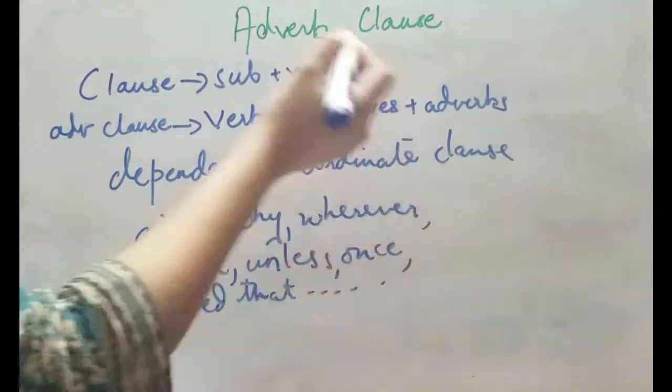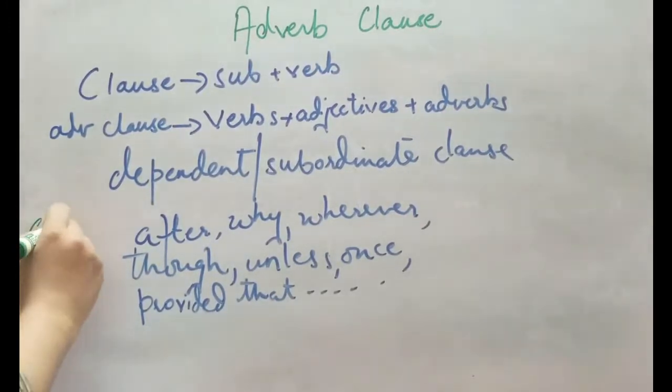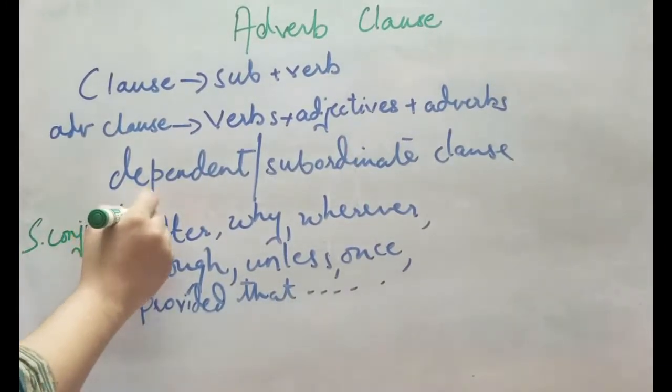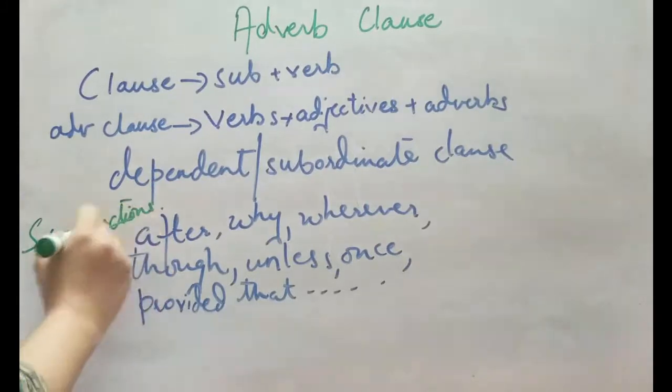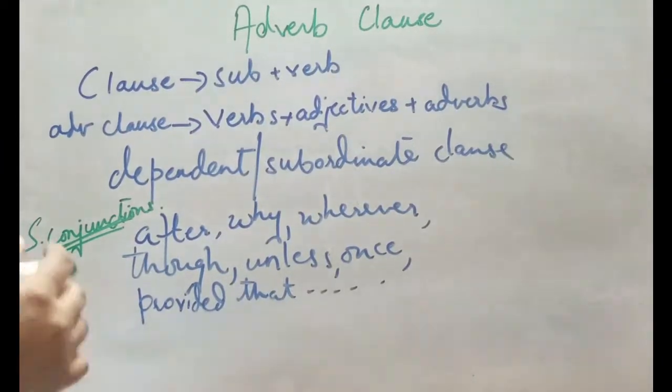See, rather than, before, even if, because. So these are all your subordinating conjunctions we had learned previously in our noun clause lecture. If you haven't yet seen my noun clause lecture, I'll provide the link in my description box below. You can check it out there.